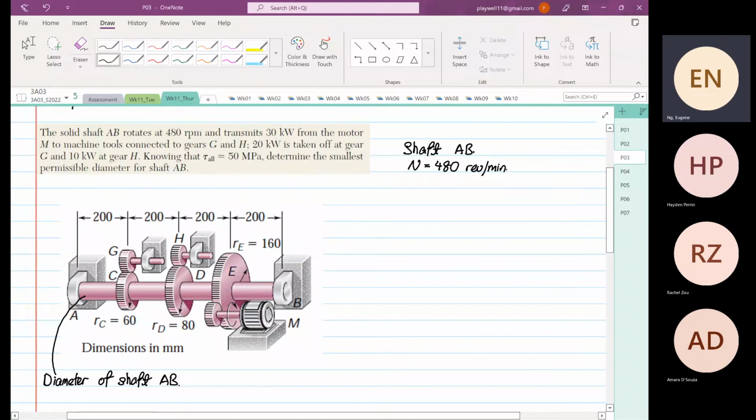And we have to deliver a power that is running at 30 kilowatt.